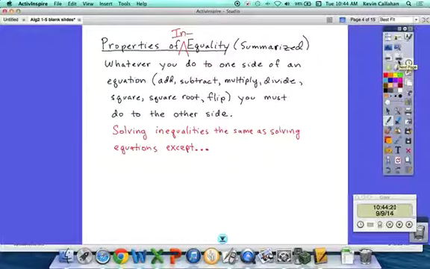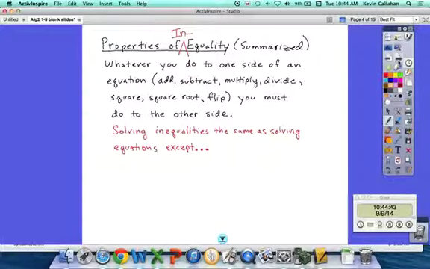Now, when we solved equations, we did it by applying properties of equality. Now we're going to apply properties of inequality, which are pretty much the same as the properties of equality. For an inequality, in order to isolate the variable on one side, we will do operations to both sides.